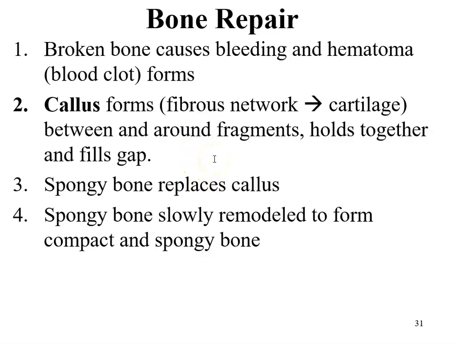Then, like endochondral ossification, that cartilaginous callus is going to be replaced by the trabeculae of spongy bone tissue. This is the time-intensive process that can take months, and immobilization is critical here because spongy bone is not strong. It's got lots of spaces, it's very delicate. We're going to have to wait until that spongy bone is modified in order to use these bones.